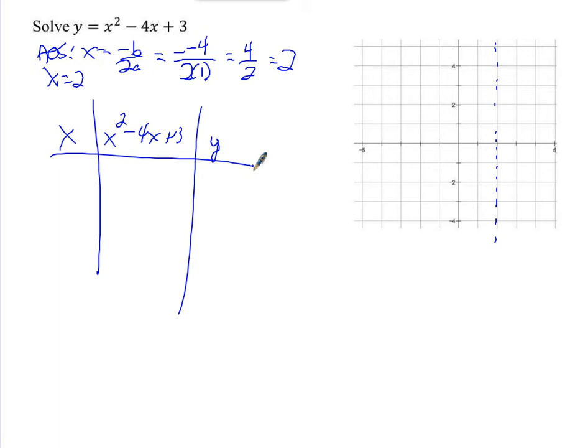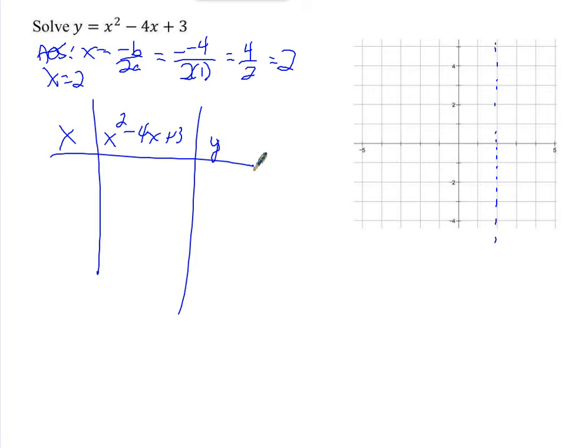Okay, now what? Pick numbers. Which way do you want to go, left or right? I know which way I want to go. You want to go left?